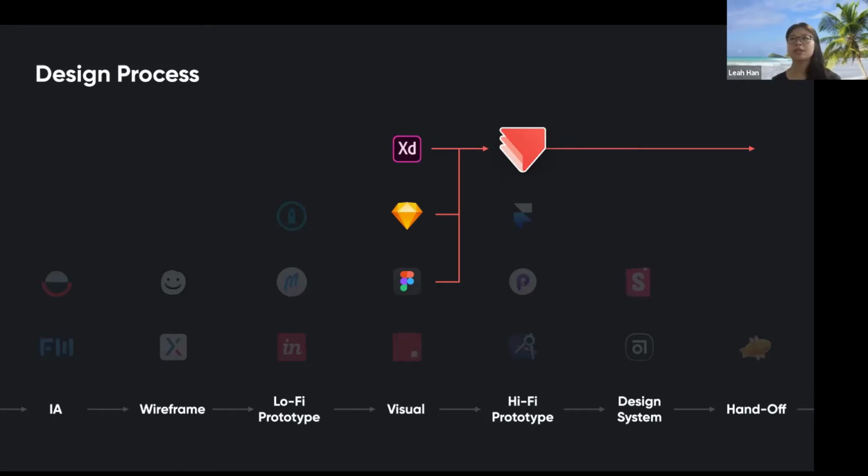No, actually it's not code, it's like a spec of your design. It's kind of a handoff feature, but in ProtoPie, we call this recipe, interaction recipe, because we think developers will cook your design ideas. So that's why for the handoff, we call this recipe.